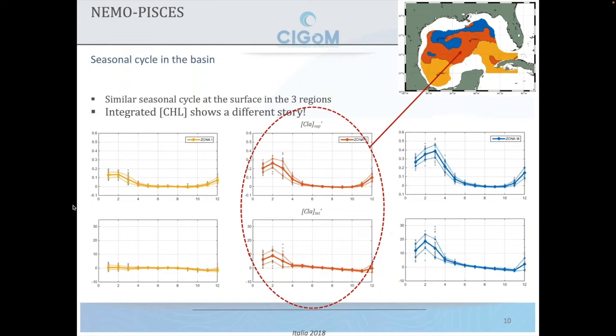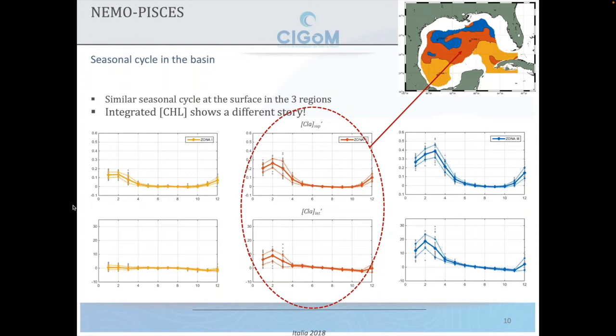So then you have the one in the middle, where it's a mixed signal, where you have a very clear seasonal signal in the surface chlorophyll, and also a relatively weak signal in the total chlorophyll content.